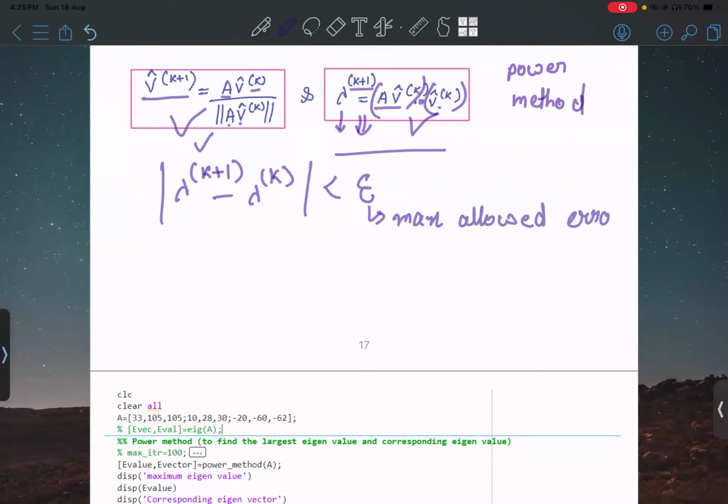Once this condition is satisfied, my iteration will stop, and whatever value I get will be the dominant eigenvalue and its corresponding eigenvector. Okay, so let us see how we can do this.